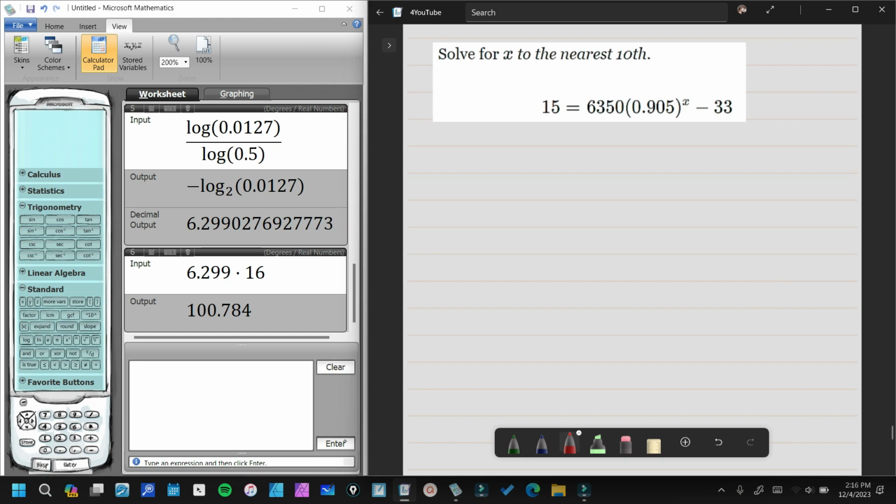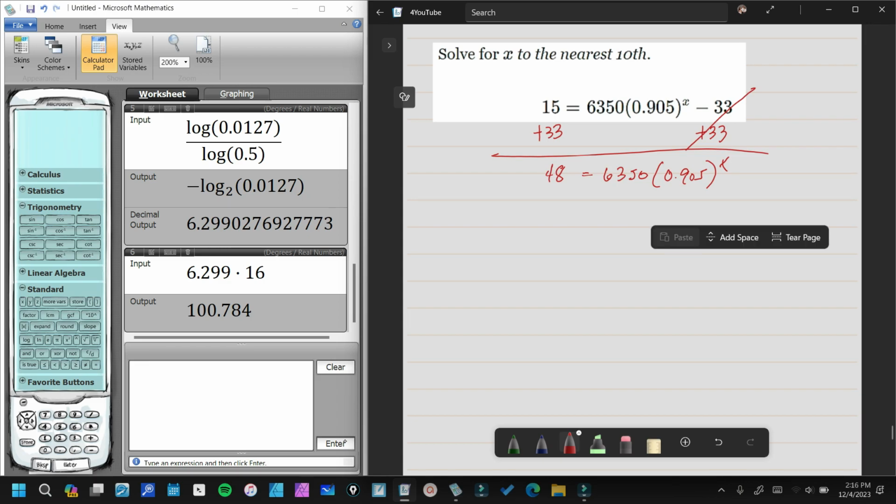Okay, so here I think the first thing we need to do is to add 33 on both sides. Right? So 15 plus 33 is 48 over 6350 times 0.905 raised to x. And again, I think let's divide both sides by 6350 first.